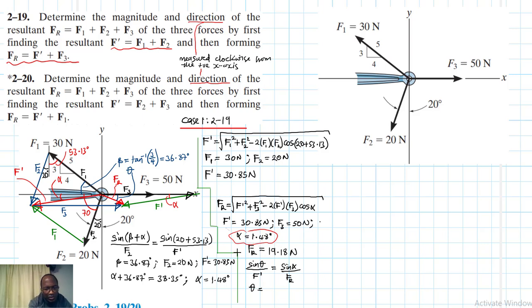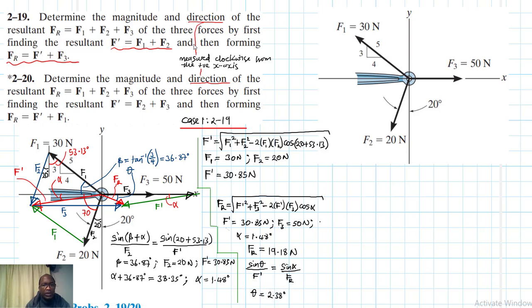We know alpha is 1.48, we know F prime, and we know FR. So we have 30.85 sine 1.48 divided by 19.18, and then sine inverse of that gives 2.38 degrees.